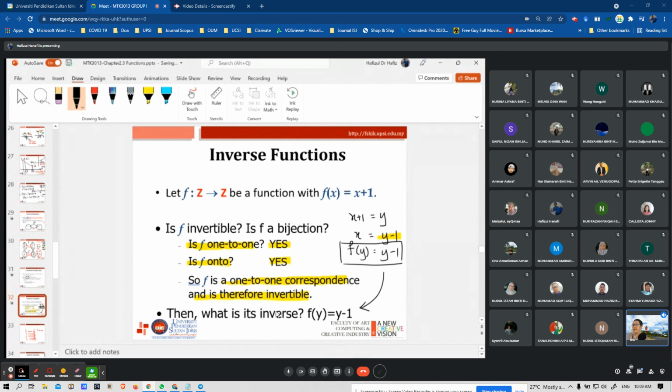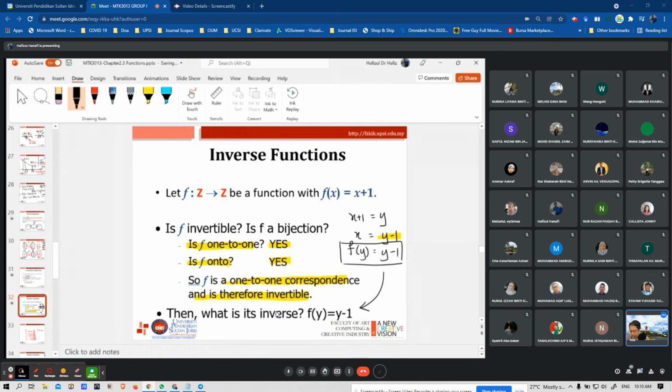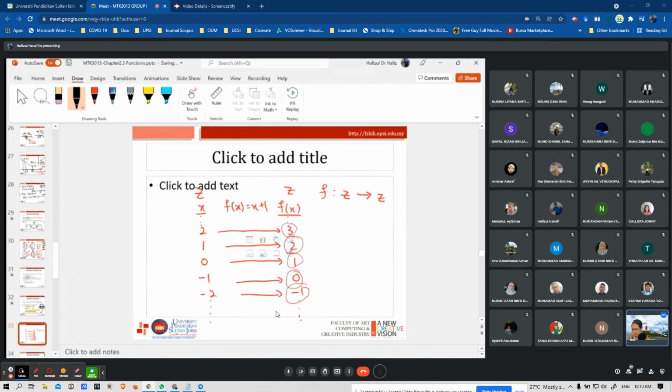Okay, one to one, yes. F onto function also yes. So f is one to one correspondent, and therefore it is invertible. It can be inverse. Okay, we have f^-1(y) equal to y minus 1. Okay, we map one to one first.